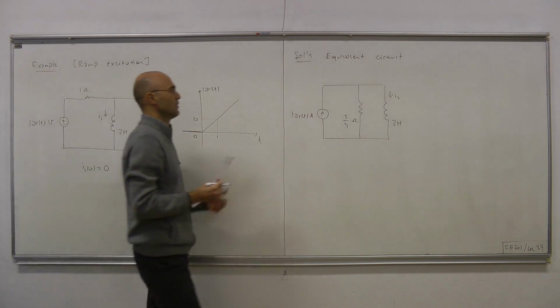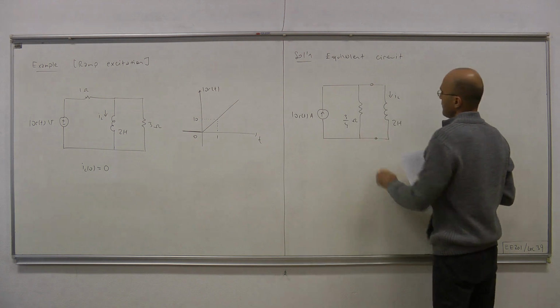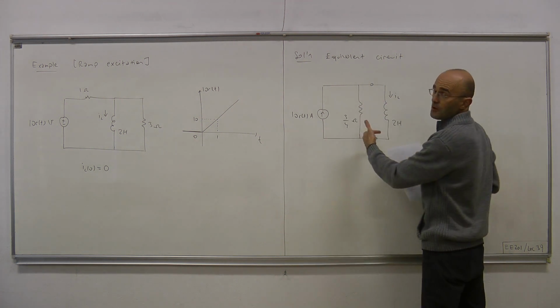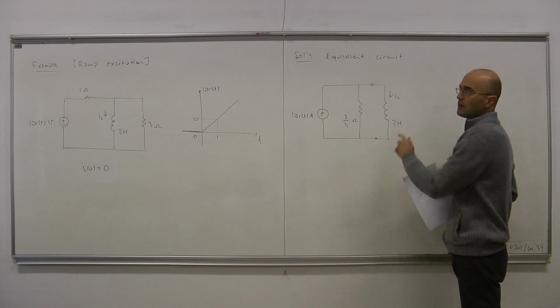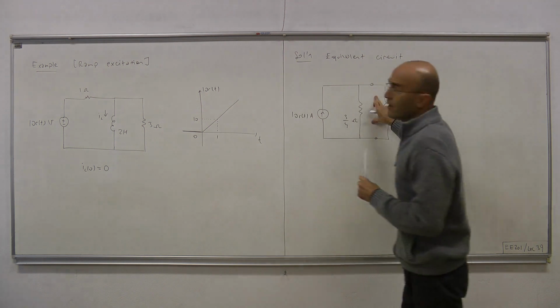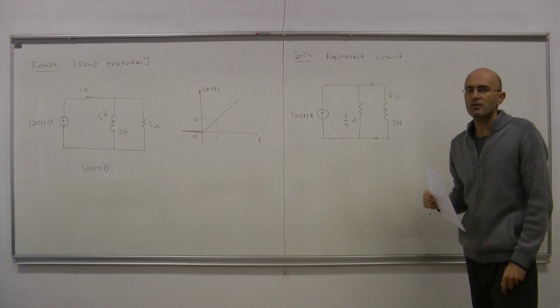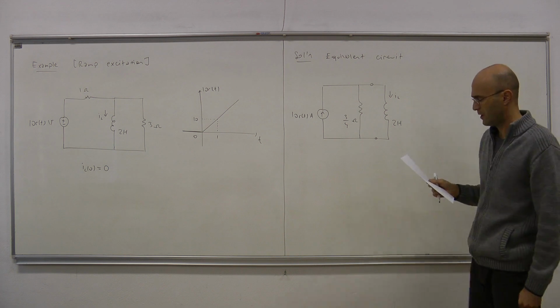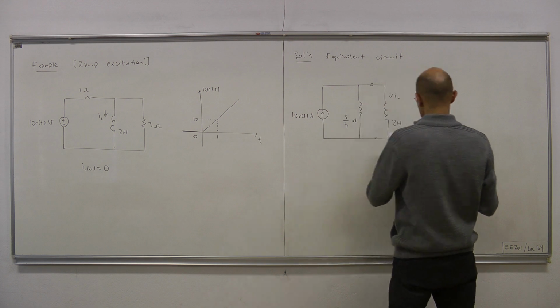Basically this thing to the left of this port is the Norton equivalent circuit seen by the inductor in this circuit. So this is step 1, or perhaps step 0, that is simplifying the circuit so that we can obtain the differential equation more easily. So let's write down whatever we can write down.